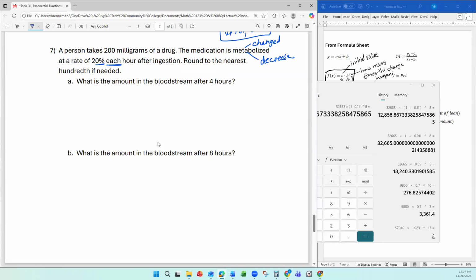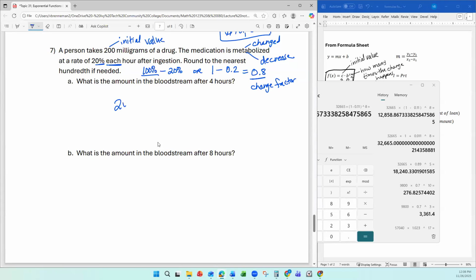So we're going to have a minus 20%. It has to be subtracted from something. That would be the 100%, or in decimal form, 1 minus 0.2. And so what we're going to multiply by is the 0.8. So this is the change factor. 200 is the initial value.